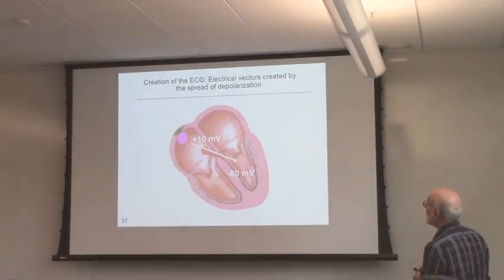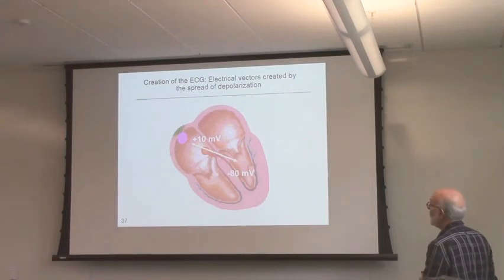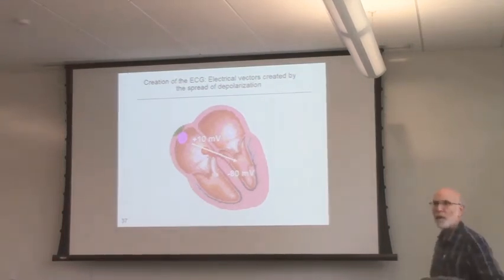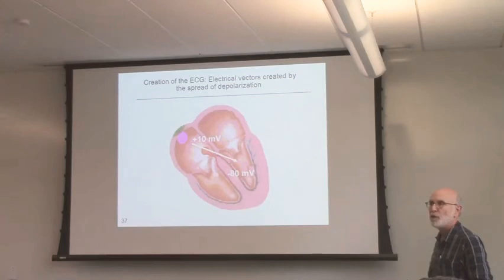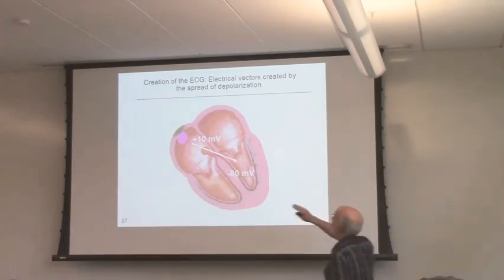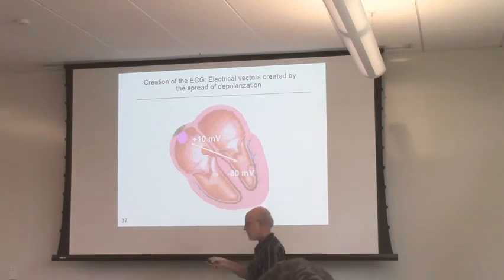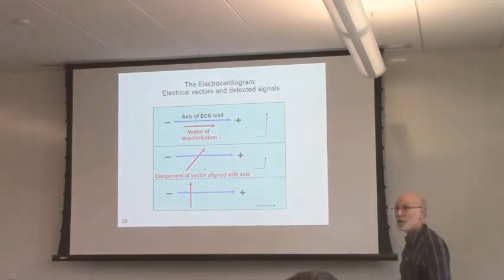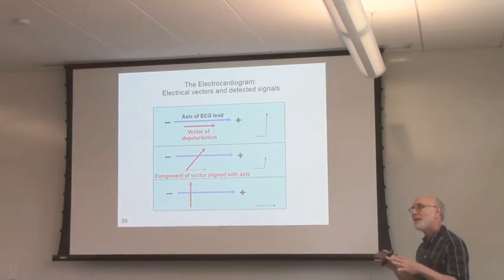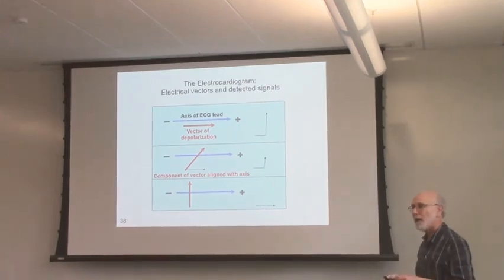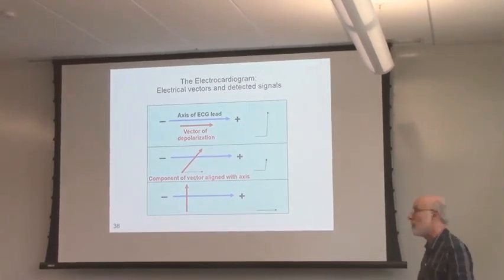So the SA node is at a depolarized voltage, and the rest of the heart is at a resting membrane potential. And that separation of charge defines a vector. And that vector, so this is getting into physics. Many of you have had physics, but this is pretty straightforward physics.